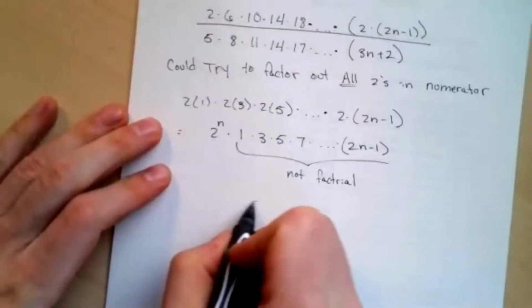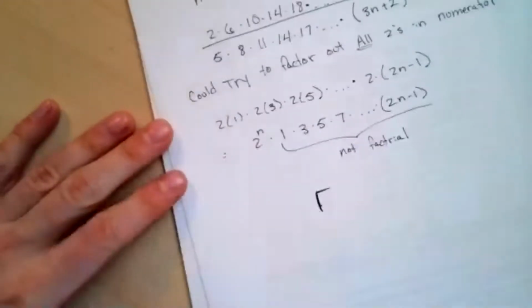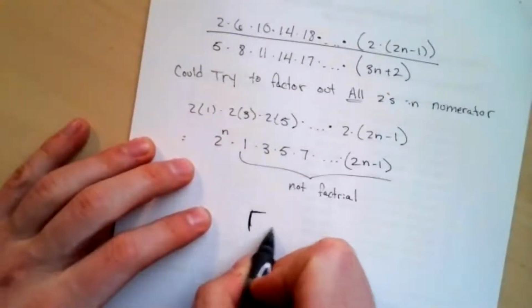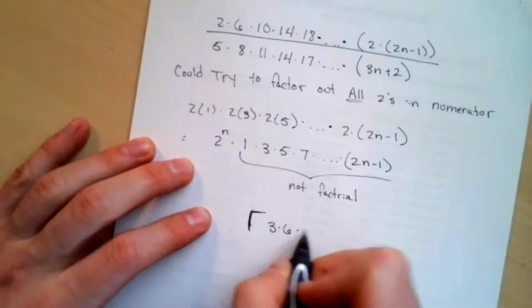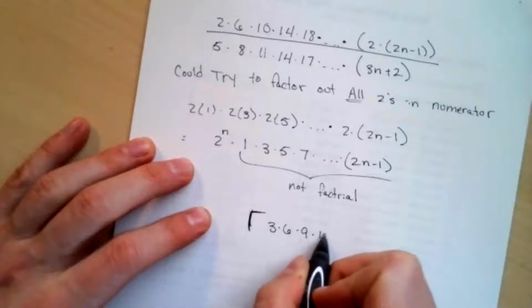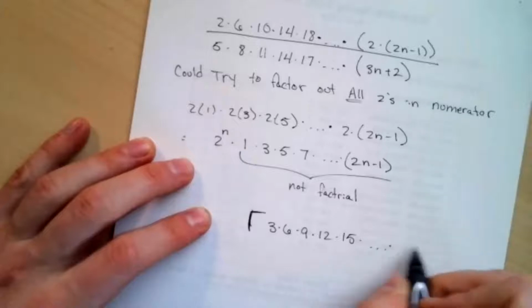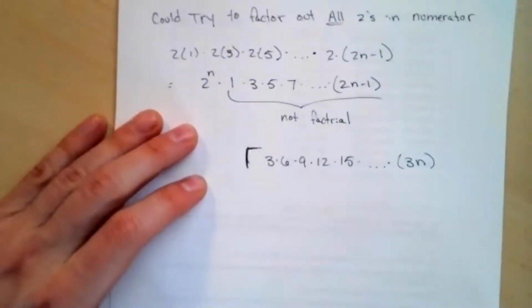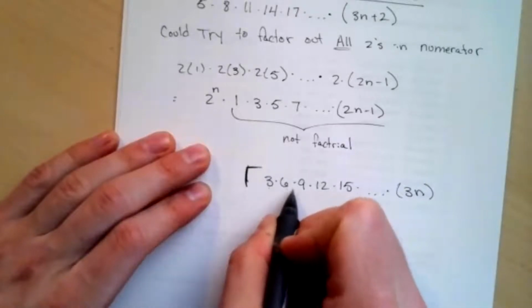Just as a side note, sometimes it's kind of nice when there's no shift, when there's not like a minus one. If you have something like, let's do 3 times 6 times 9 times 12 times 15 times 3n. In this case, if I factor out a 3 from everything, I'll have a 3 times 3 times 3.